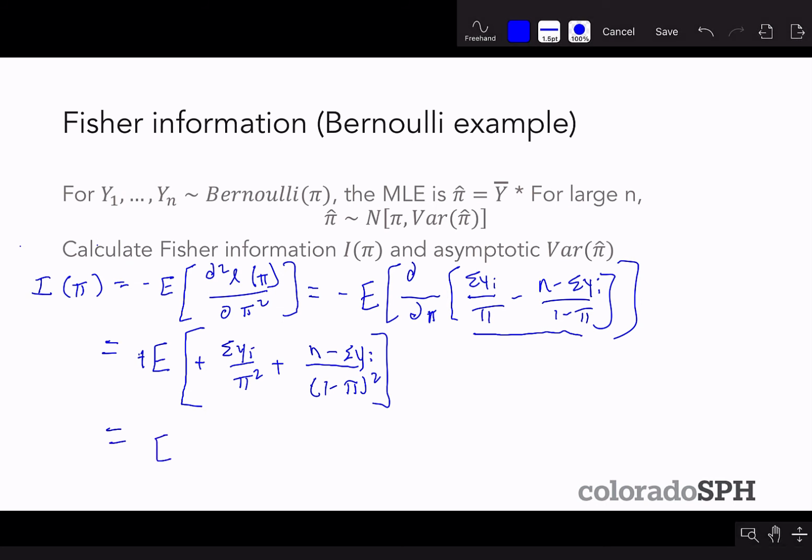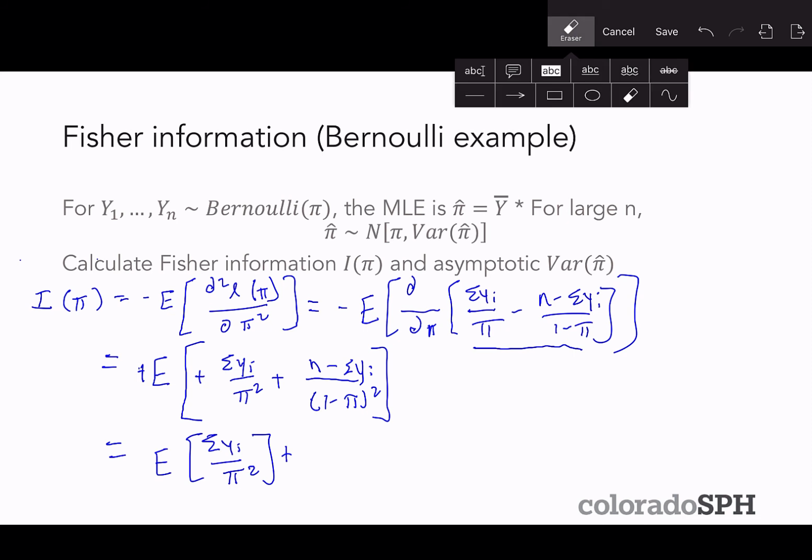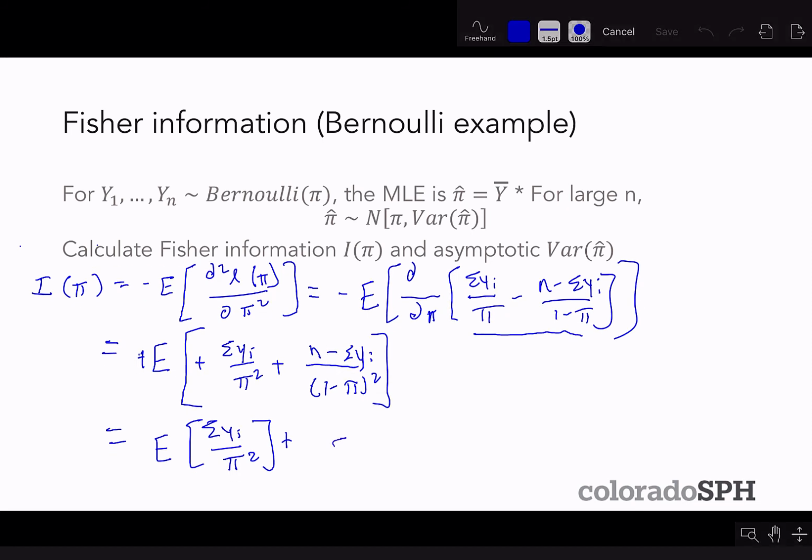Then you can distribute the expectation, so that's equal to the expectation of the sum of yi over pi squared plus the expectation of n minus the sum of yi over 1 minus pi squared.